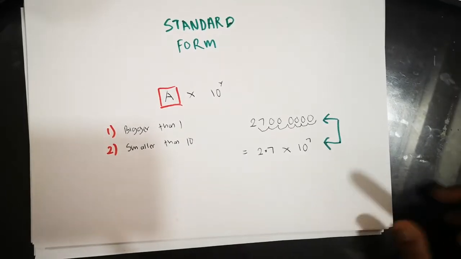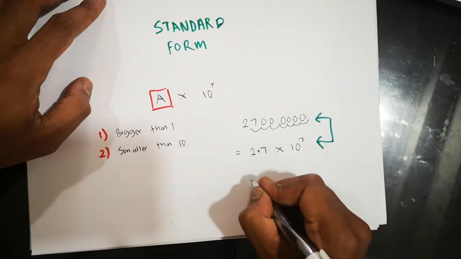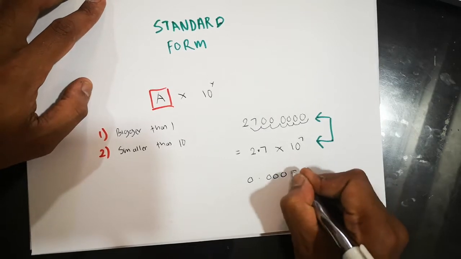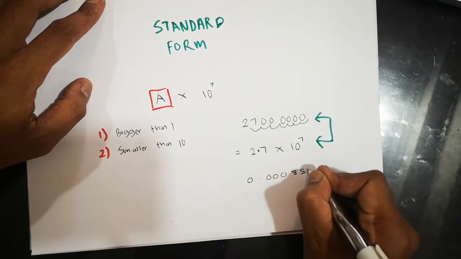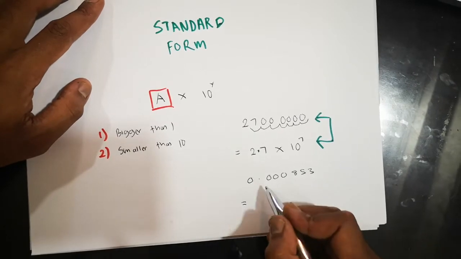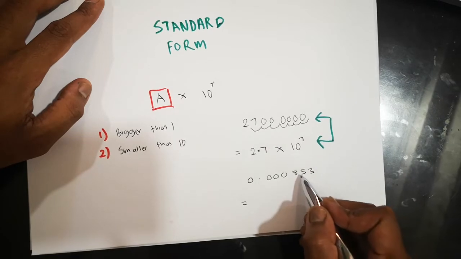Let's try a very small number. 0.000853. How do I change this to standard form? So in this case, you need to move forward, right? The decimal point to make it bigger than 1.